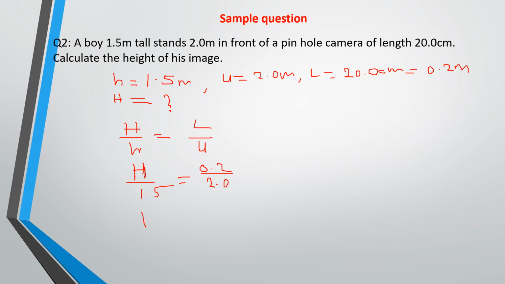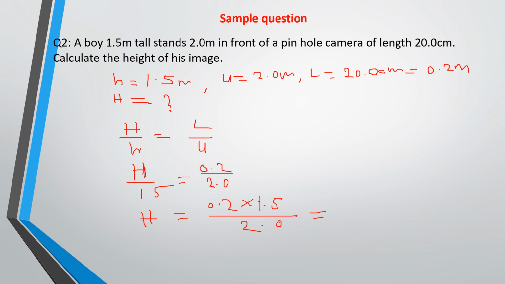Make the image height the subject of the formula. You have 0.2 multiplied by 1.5, all divided by 2.0.